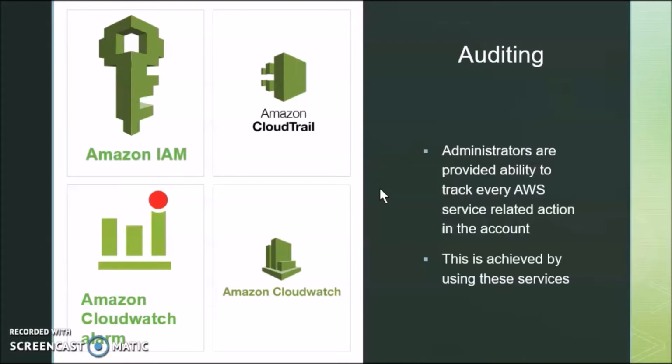Amazon CloudTrail, Amazon CloudWatch, and Amazon CloudWatch Alarm would be monitoring the process ups and downs, and in case anything needs to be alerted to the management or the admins or whoever is responsible for a specific service, the CloudWatch Alarm will be checking the CloudWatch, and whenever it notices something wrong or something gets triggered, it will soon send it to the user to be notified via a notification service like the SNS service on Amazon.